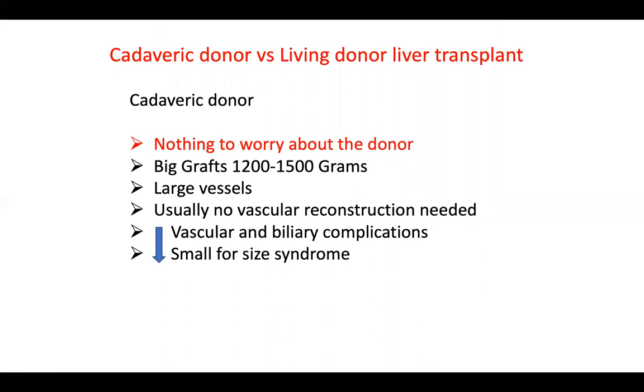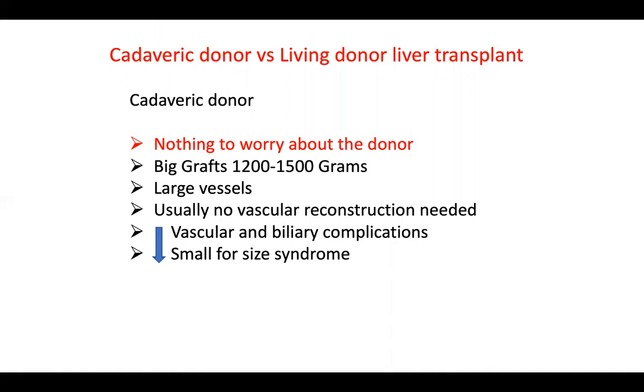The transplant is usually of 2 types: cadaveric donor and living donor liver transplant. The cadaveric donor liver transplant is the preferred choice and is most commonly performed in developed countries.